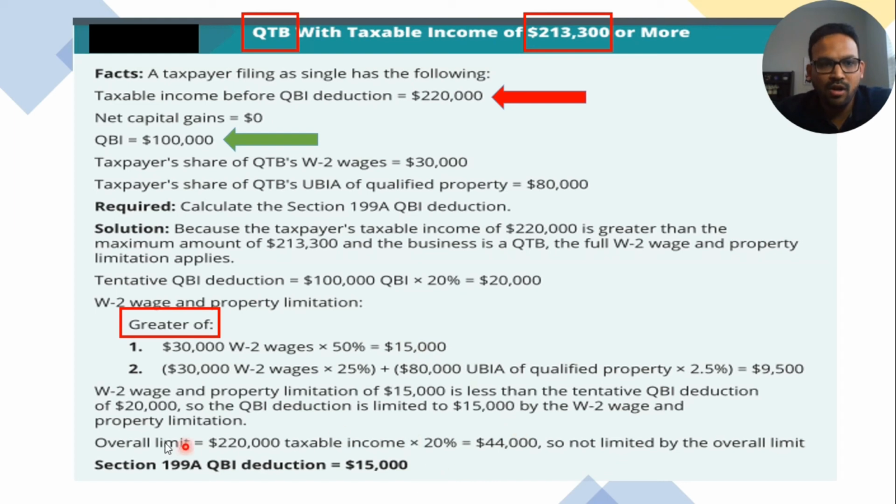Now the QBI for this business is 15,000, because the lower of these two numbers is 15,000, and then you will test that against the overall limit of 20,000, which is 44,000. So you are well within the limit. So the QBI deduction in this case is 15,000.